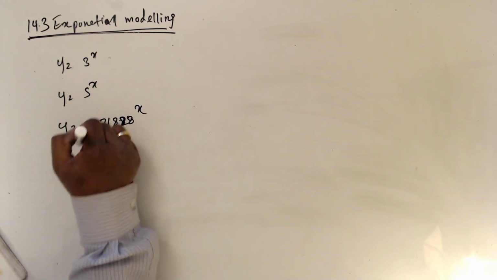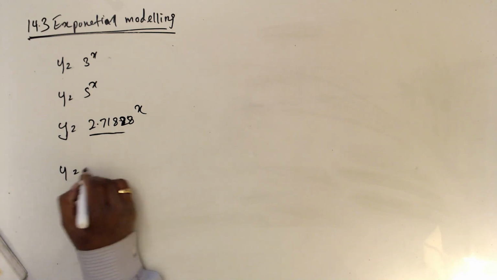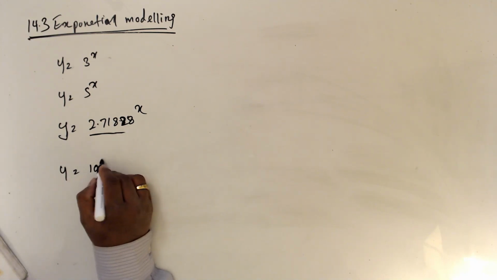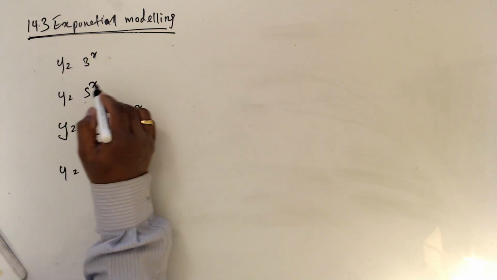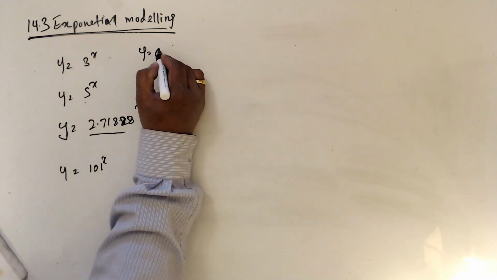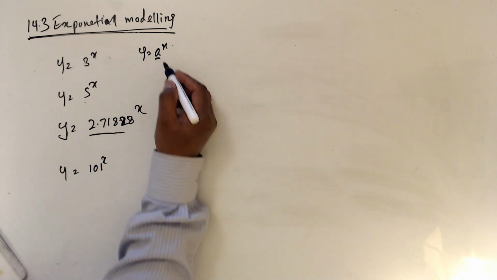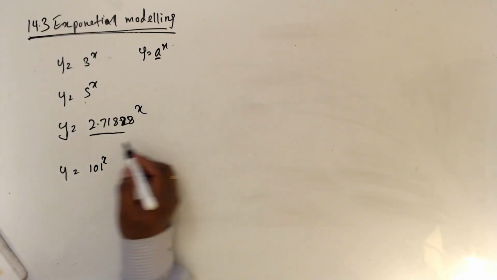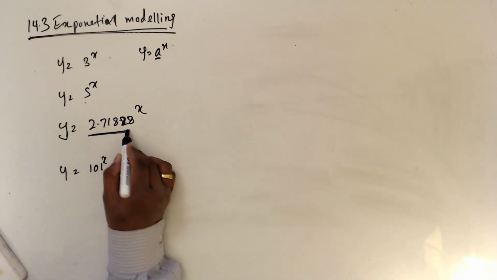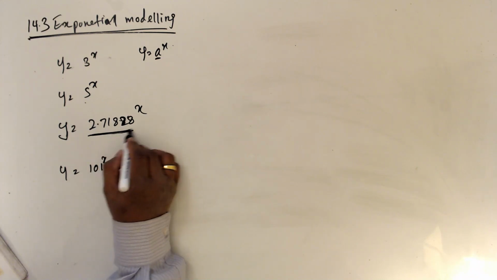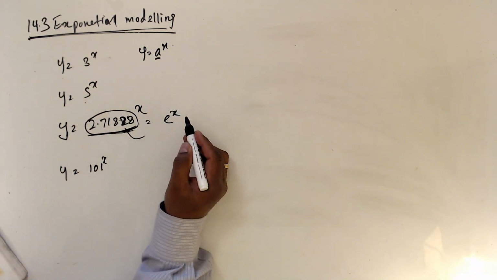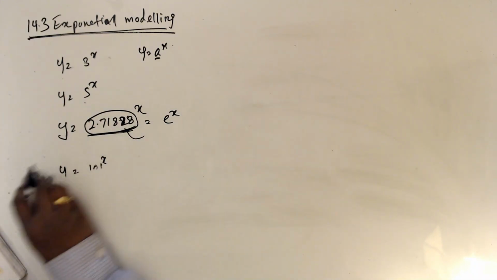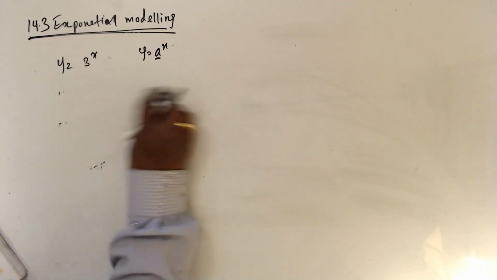There are also y equals 101^x or anything within this form. The y equals a^x form, where a is a positive constant. But in most places we use this value, which is e^x. I'll stay with the graph y equals 3^x initially.